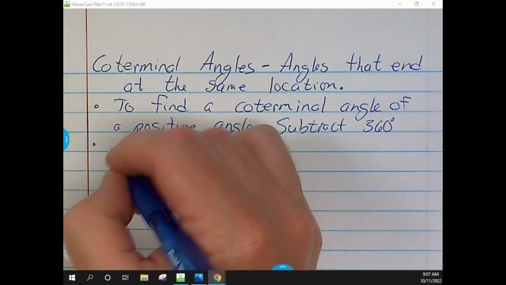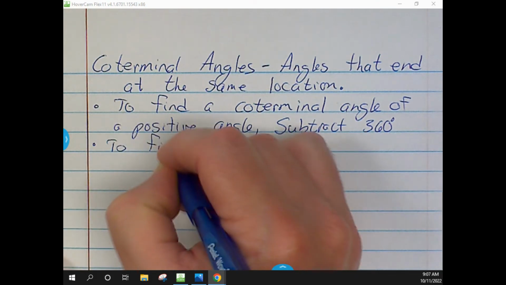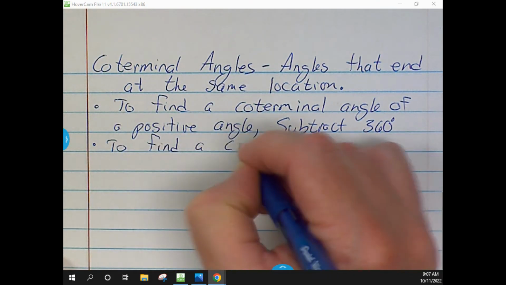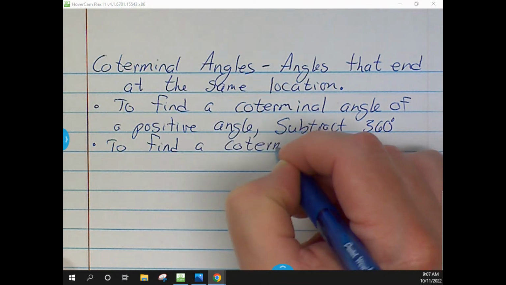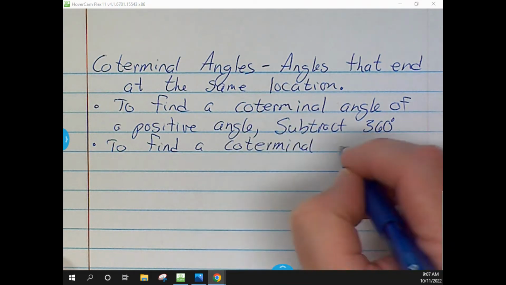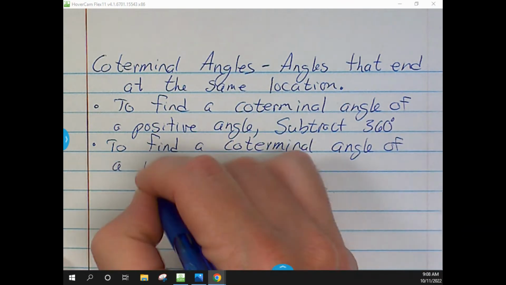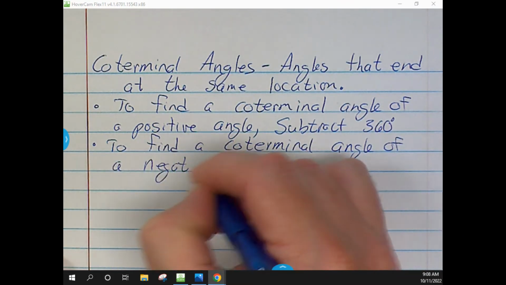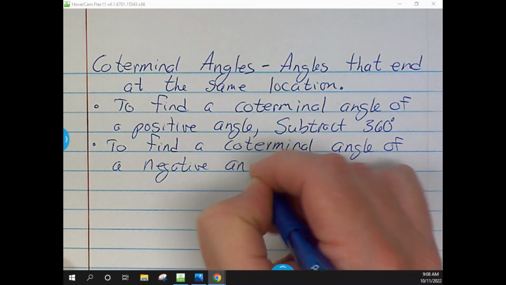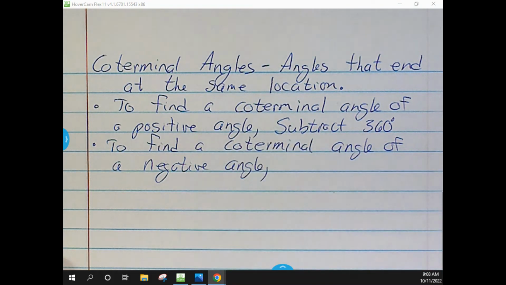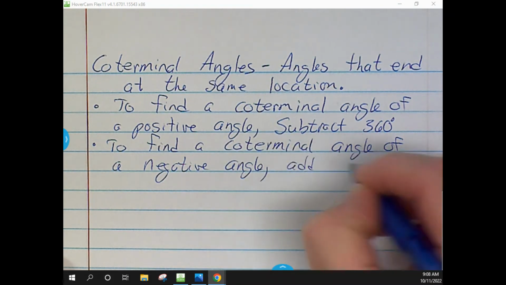And then to find a coterminal angle of a negative angle, you just add 360.